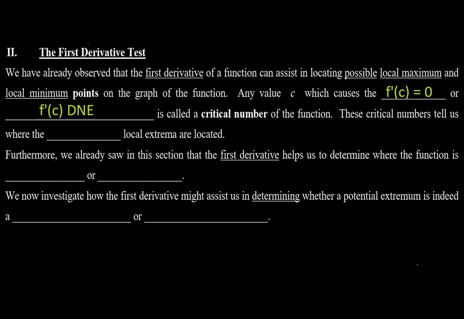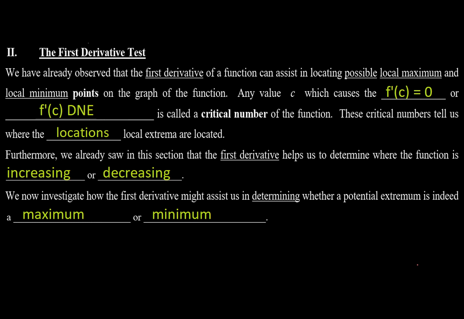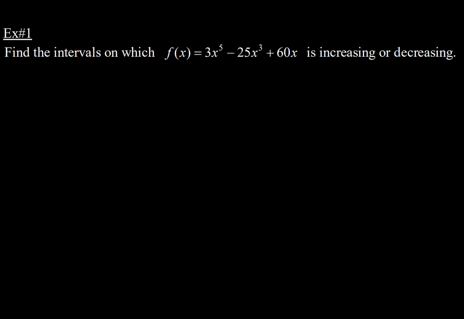These critical numbers tell us where local extrema are located. Furthermore, we already saw in this section that the first derivative helps us determine whether the function is increasing or decreasing. And we're now going to investigate how the first derivative might assist us in determining whether a potential extremum is indeed a maximum or a minimum. So let's see what that means.